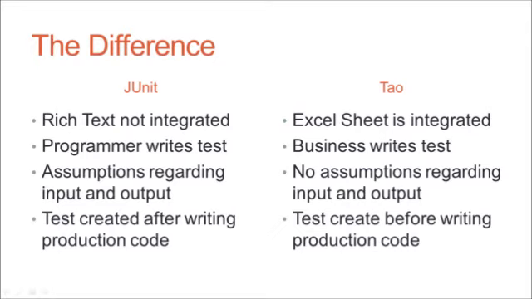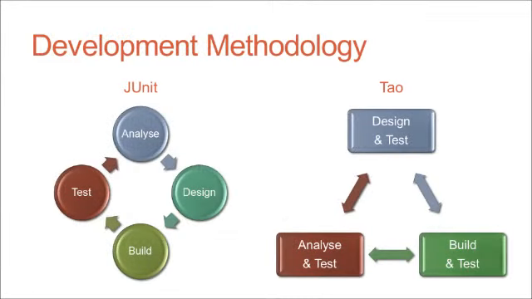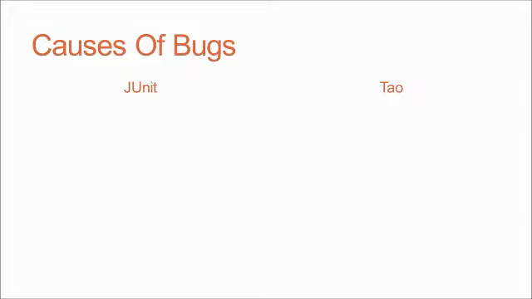The most subtle yet fundamental advantage is that Tao supports fully test-driven development. Fundamentally, the production code does not need to exist for the test to execute. Let me repeat that. For a test to execute, Tao does not require production code. This means, in practice, testing can start before programming.